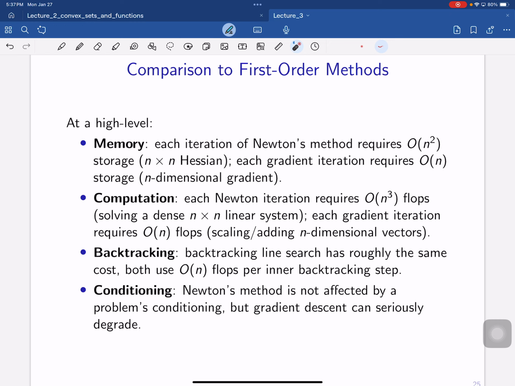The other advantage of a first order method compared with a second order method is that it is compatible with GPUs. Why is that? Because a first order method only uses matrix vector multiplication, and if you have a second order method, you need to take a matrix inverse.